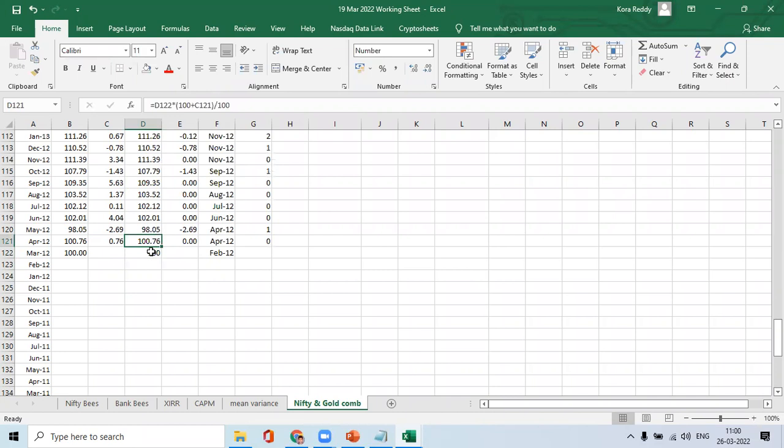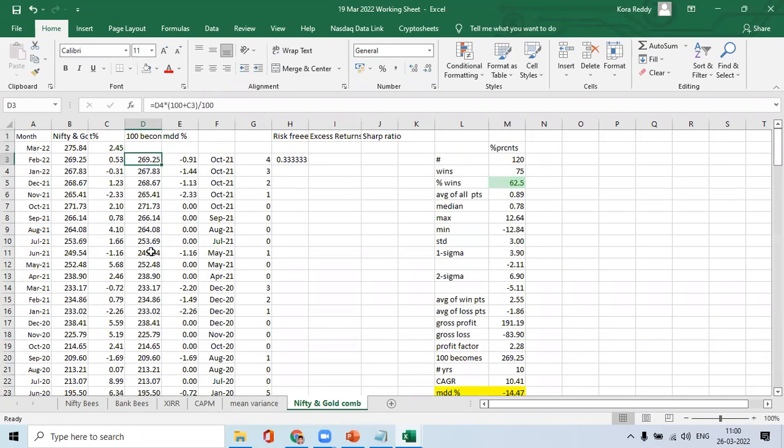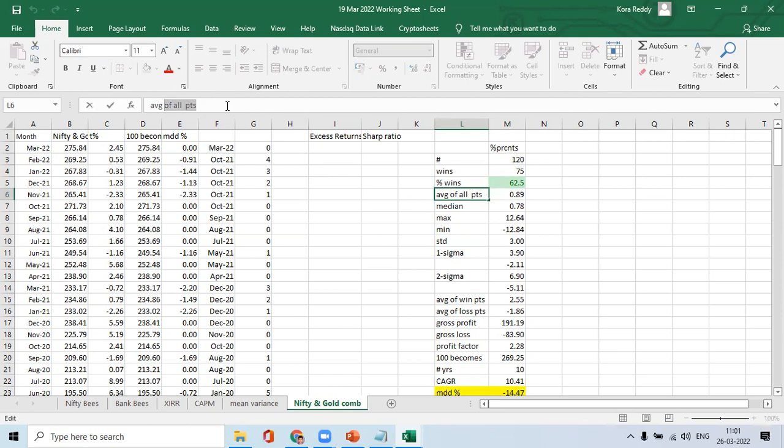So we started 10 years back, that is in March 12, and our 100 has become this one, and we have all the statistics. So we have 120 months. We win only 75 months, that is like 62.5 months, 62% of the months we win. This is average, we get 0.89% returns.